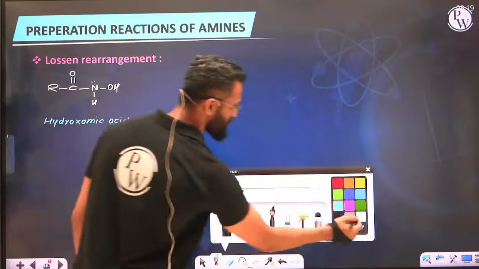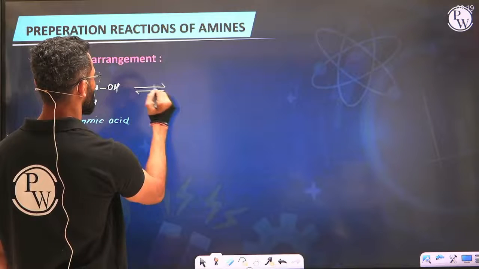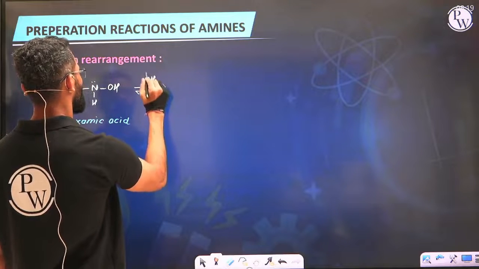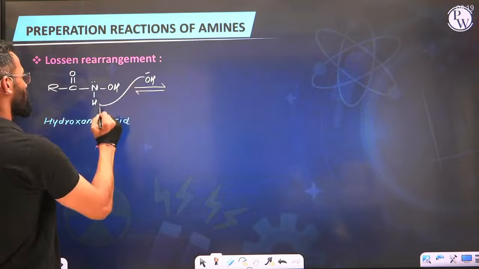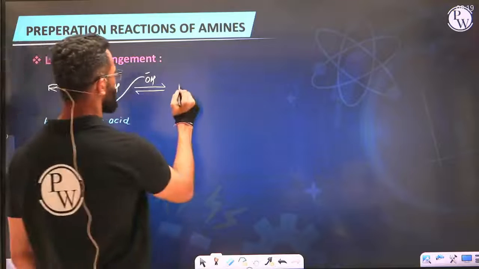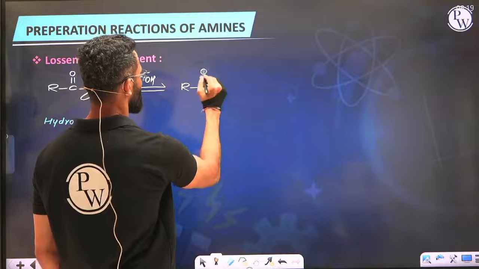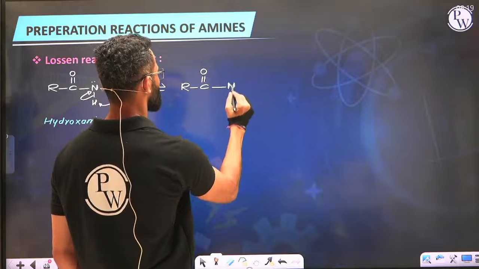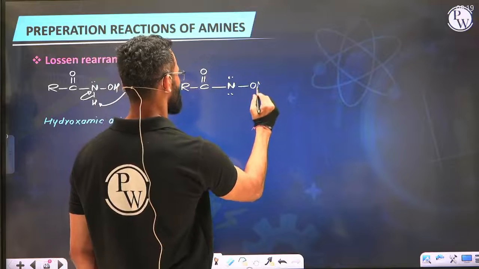Now this hydroxamic acid is further treated with a base. So base will abstract hydrogen, the bond pair will go back on nitrogen to again develop acyl group connected to nitrogen, carrying two lone pairs on it and carrying OH.